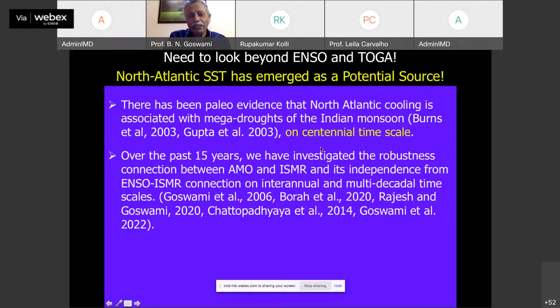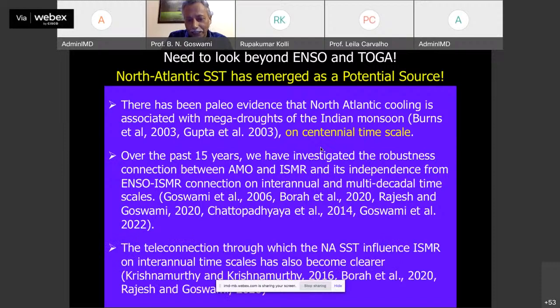Over the last 15 years or so, we have investigated this association between North Atlantic SST and Indian monsoon on interannual and multi-decadal time scales, and we find that it is quite a robust association. But there are some issues that we needed to clarify, and my talk today is on those issues.